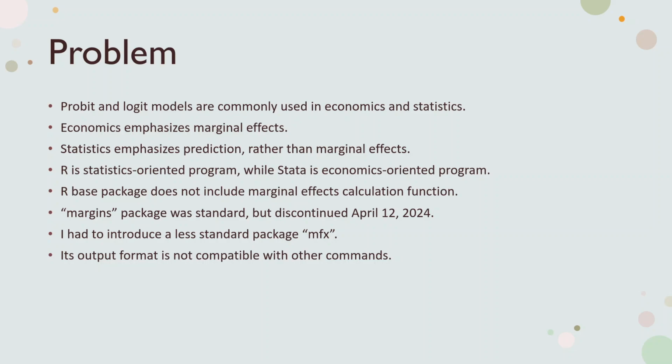Like here, R's base package does not include a marginal effects calculating function at all, right? So that's the starting point. R can calculate the probit model using the generalized linear model package, but that package does not calculate marginal effects.